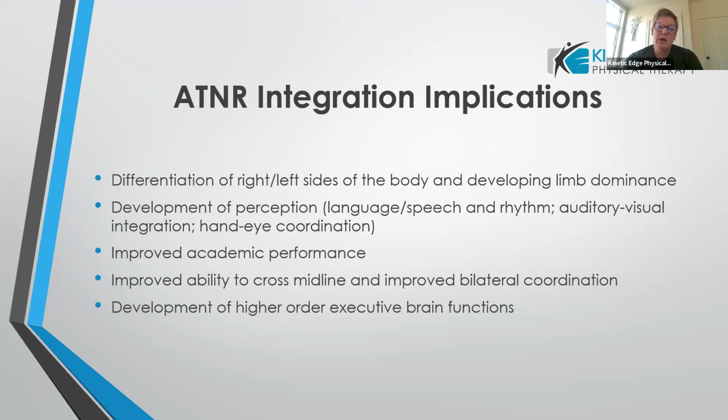Sometimes we'll have those younger kids, and maybe even growing into older kids. Older kids usually love to think, oh, I'm ambidextrous, I can use both sides, but that's not necessarily typical. And we really would prefer to see a hand and foot dominance. And so integrating the ATNR will help with that.